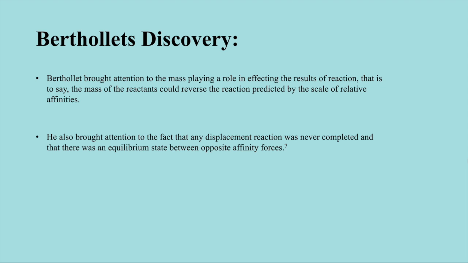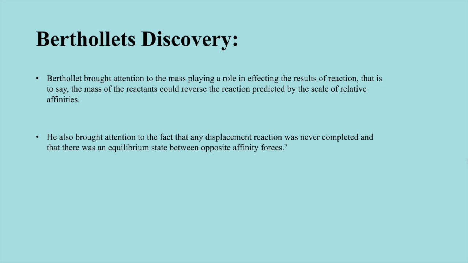Berthollet brought attention to the mass playing a role in affecting the results of a reaction, that is to say, the mass of the reactants could reverse the reaction predicted by the scale of relative affinities. In addition, a relatively large quantity of substance with weaker affinity may exert a force that can surpass the force of the substance with greater affinity.